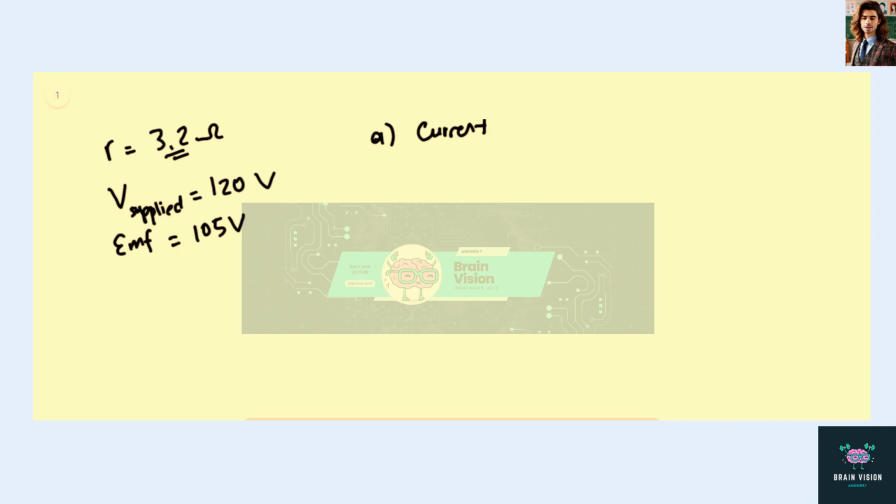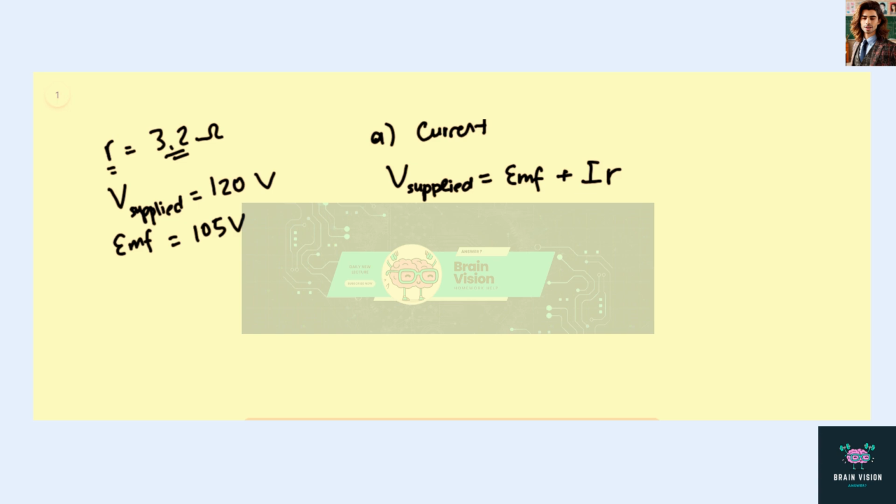Well, in order to get there, of course, the supplied voltage has to be equal to the EMF that we have in the rotor plus the potential across this resistor, right? Internal resistance.